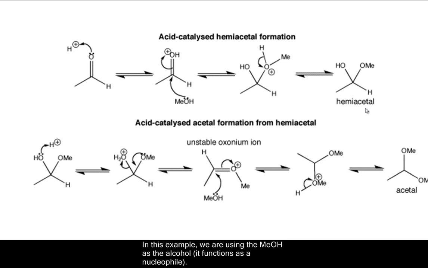And this hemiacetal is just half an acetal, so it only has COCO. There's no C here. So the first step is this O has to grab a hydrogen. And the reason we need to do this is because methanol is not a strong enough nucleophile to react with this position right here.